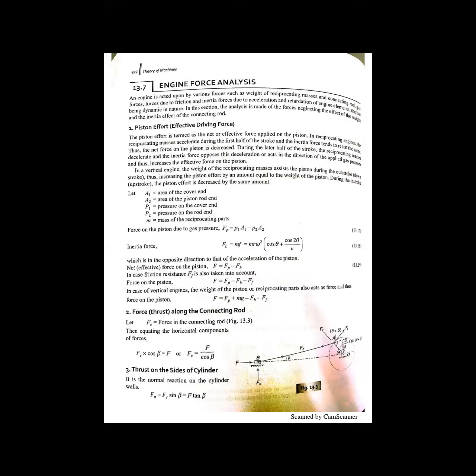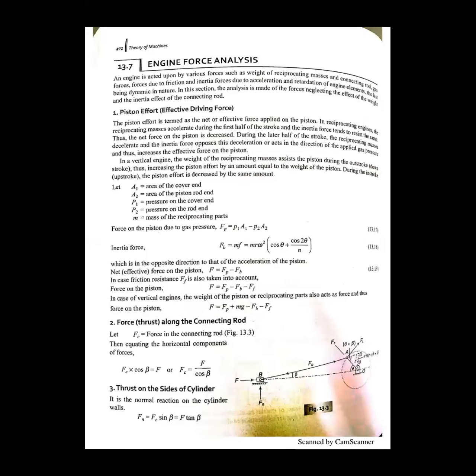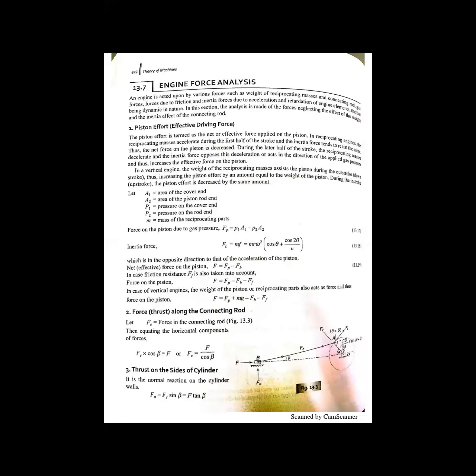Okay. So the net force applied on the piston. In reciprocating engines, during the first half of the stroke the reciprocating masses get the inertia force, which tends to resist the motion. So in the first half of the stroke we get the inertia forces, and when we get the inertia forces, the piston effort is decreased.